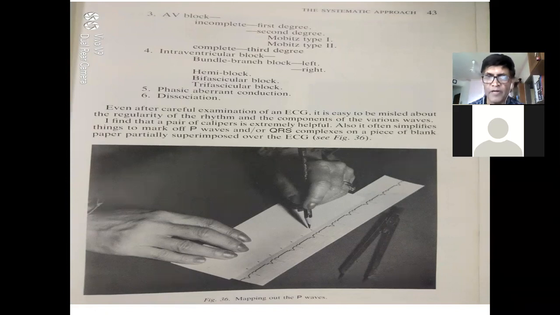What are the reference points? Wherever there is a P wave, he's making a reference below. Earlier we were learning to take an R wave. In this particular ECG, the number of P waves is more and the number of R waves is less. What does it mean?